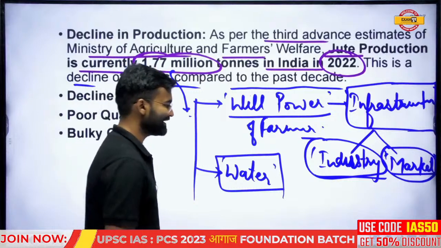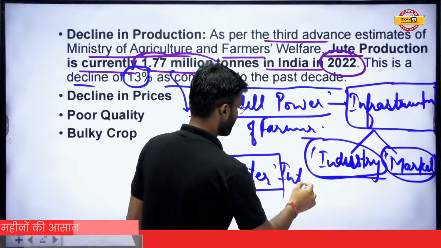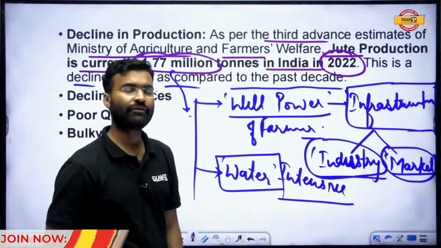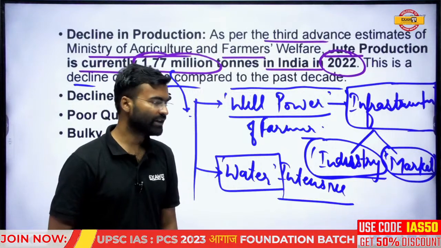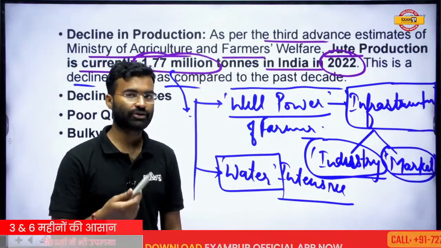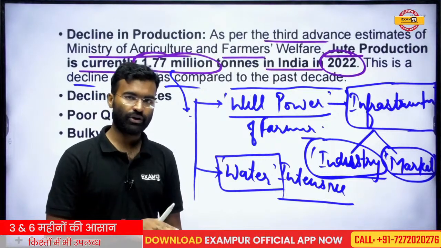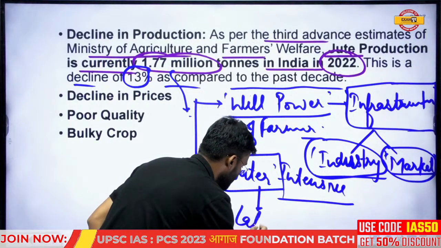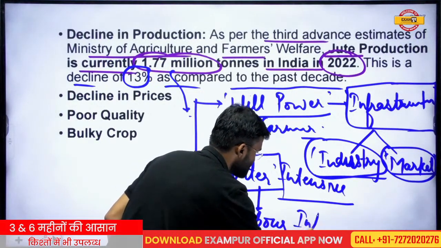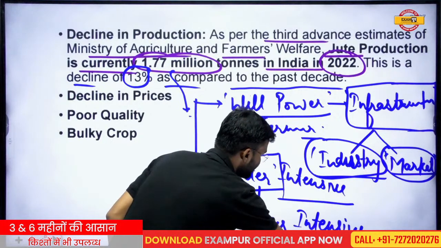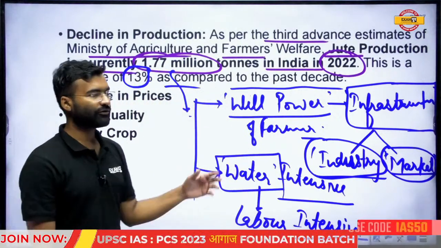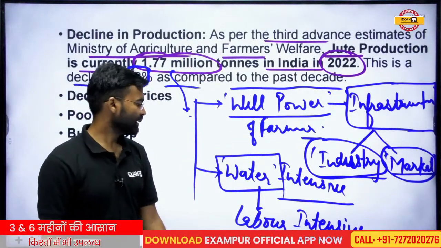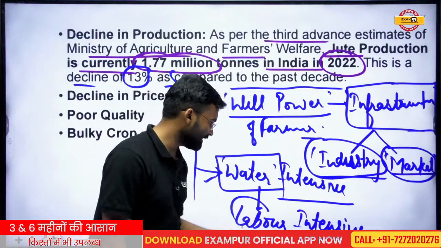So this is a water intensive crop. There is no deficiency of water in the West Bengal region, but during the extraction of the fibers there is also a water requirement, and that is why this is very labor intensive. So the willpower of farmers is not so strong because of the lack of infrastructure, and because it is water intensive and labor intensive.